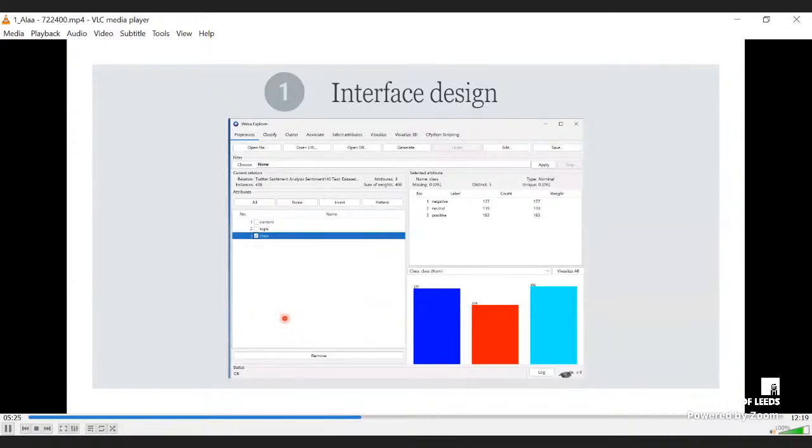So this is the interface for Weka. We can see here the classes tab, and also some statistical information and some dataset attributes.